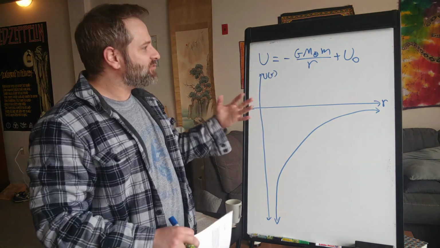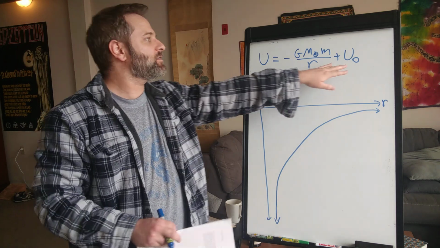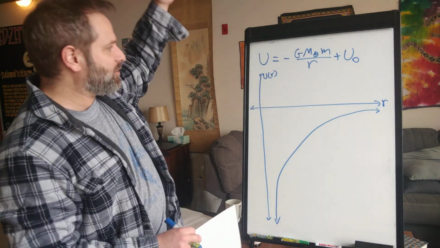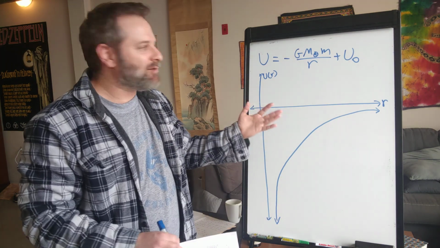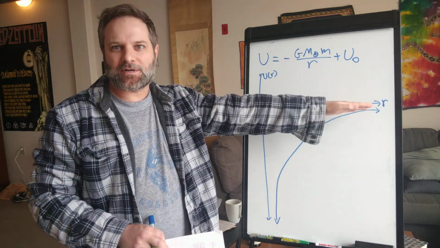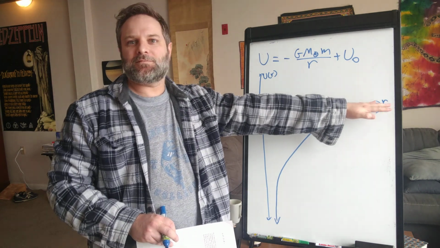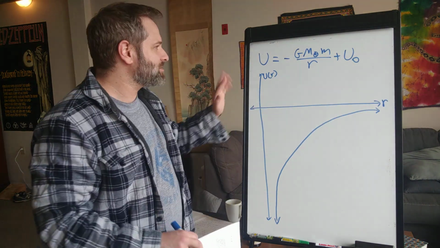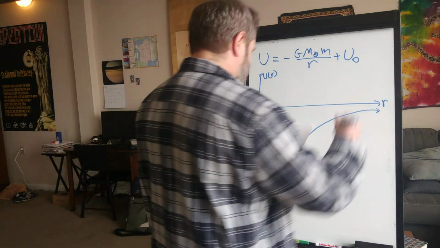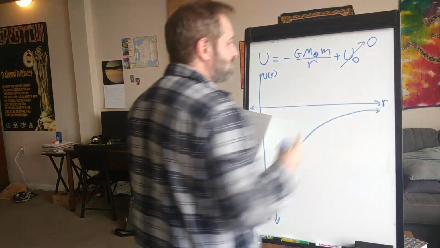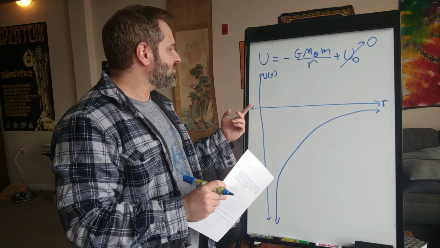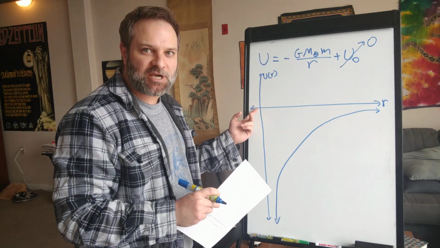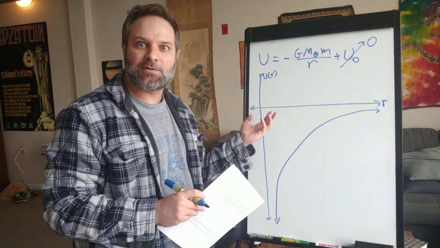So if it made you feel better, you could say this is infinity, and then the lowest amount of potential energy is 0, but then of course you have problems because you have infinity plus 0 over here or whatever else. So in point of fact, this is just chosen to be 0, and the maximum amount of gravitational potential energy we can have is also 0.